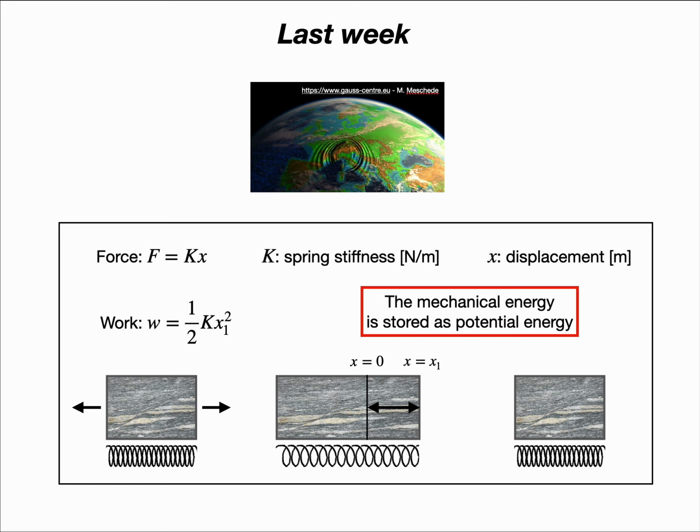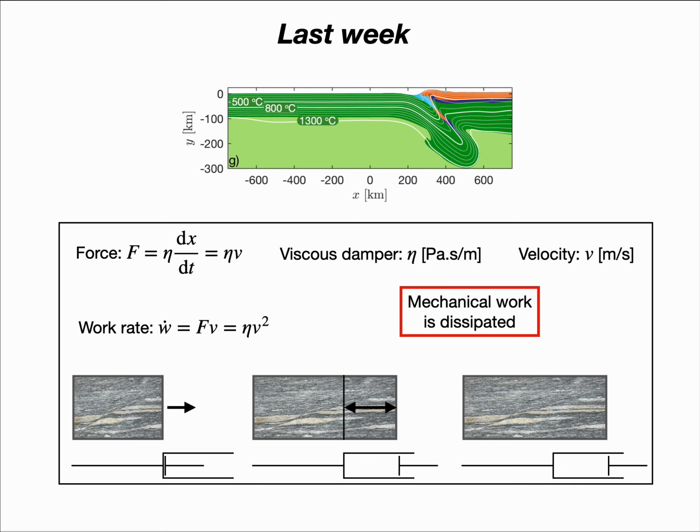In the case of a spring, we've derived the work coming from the force which is applied on the spring, and we discussed that this type of deformation is reversible and does not result in the production of energy. The mechanical energy is stored temporarily as a potential energy, while in the case of viscous deformation, we had permanent, non-recoverable deformation.